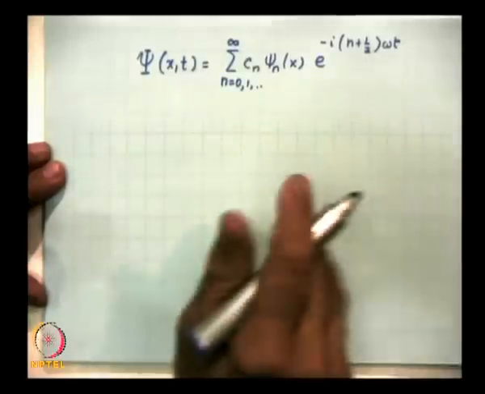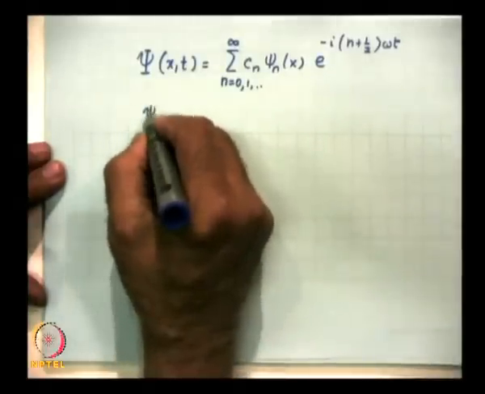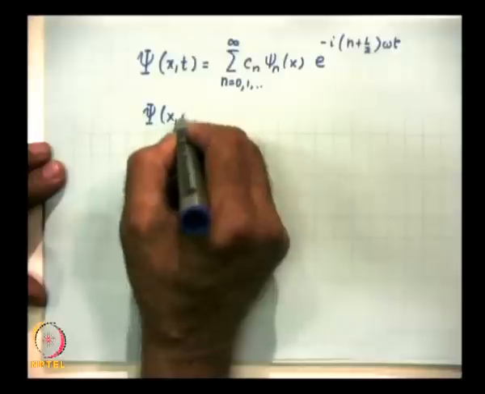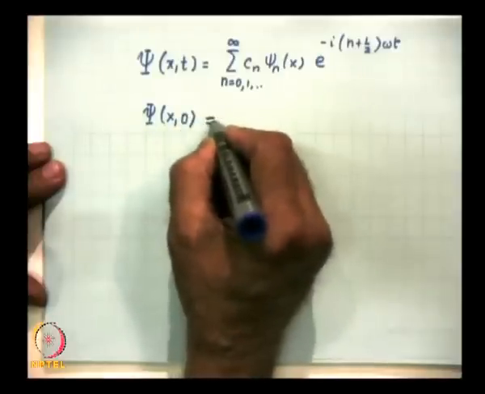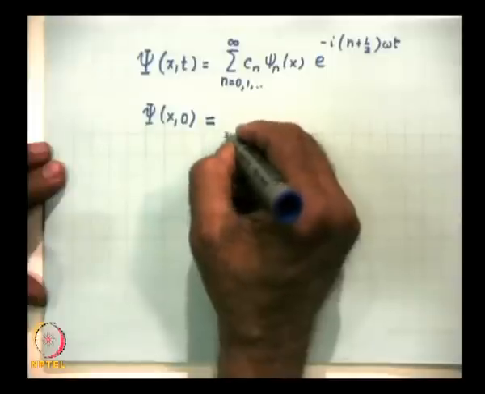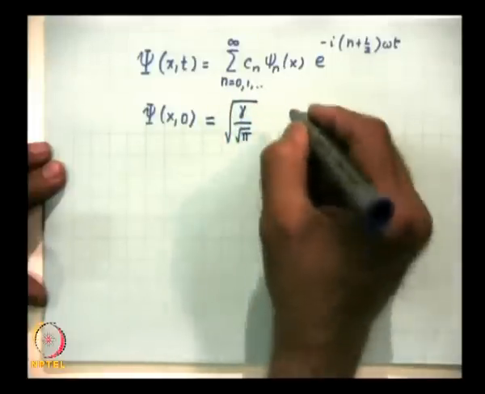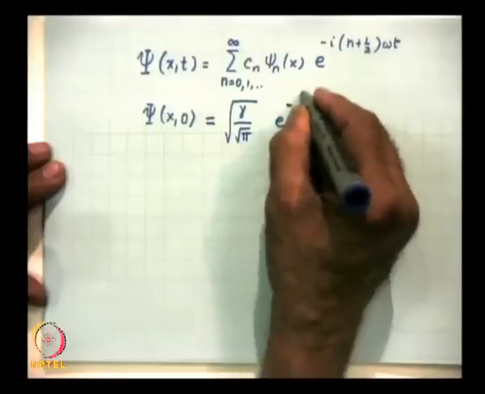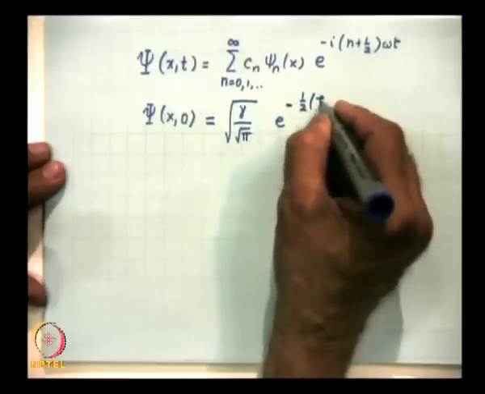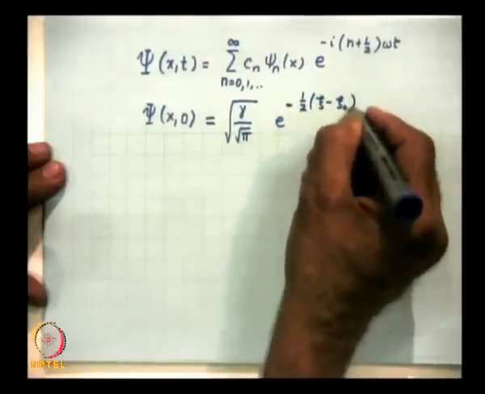Then we said that let us assume that at time t equal to 0, the wave function associated with the oscillator is given by e to the power of minus half (xi minus xi 0) whole square.